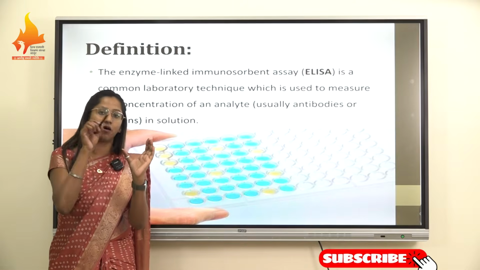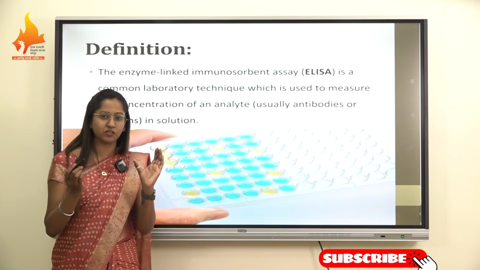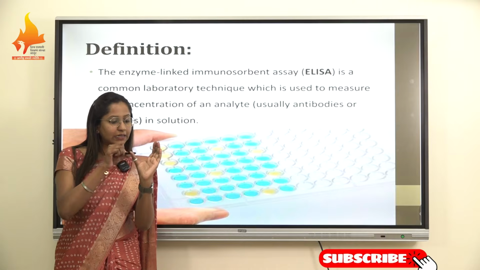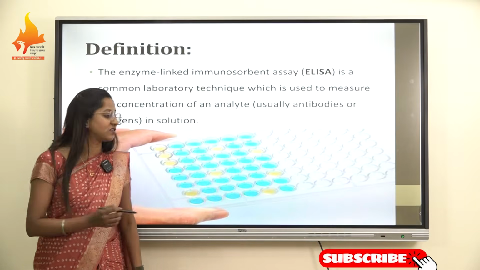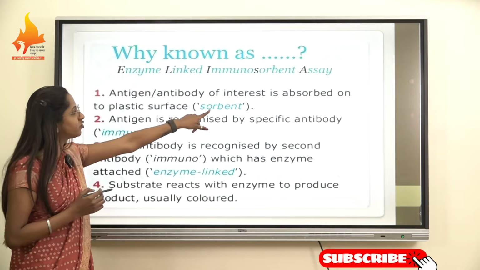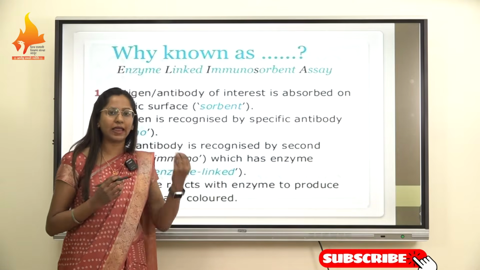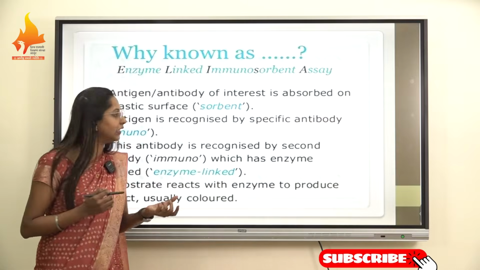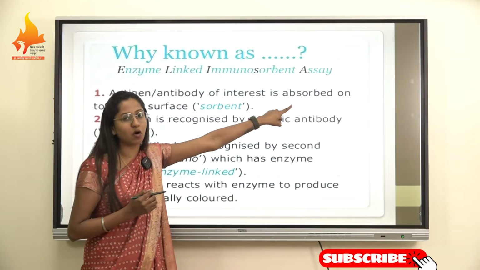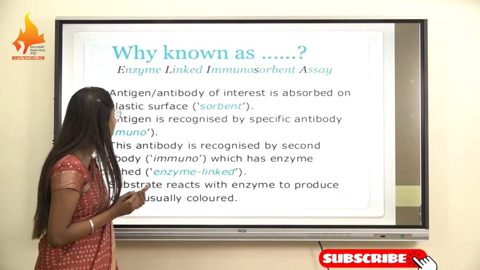Inside a well, if you are adding antigens, the antigens get attached to this surface, and that is called sorbent. Whatever molecules you are adding are being added or absorbed on the surface. This is called sorbent.